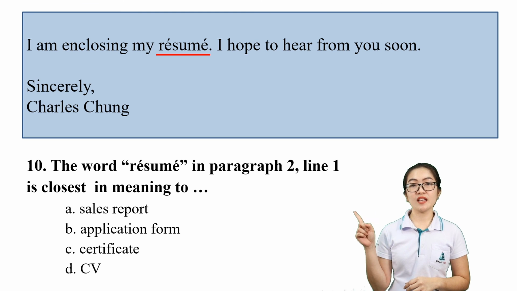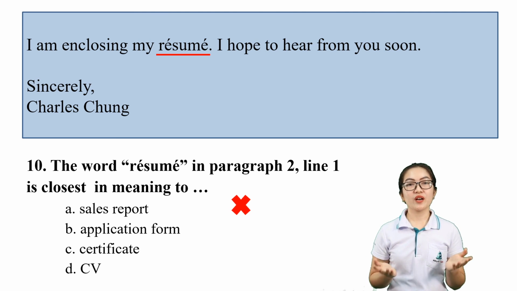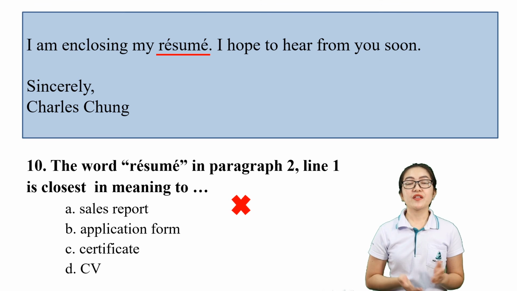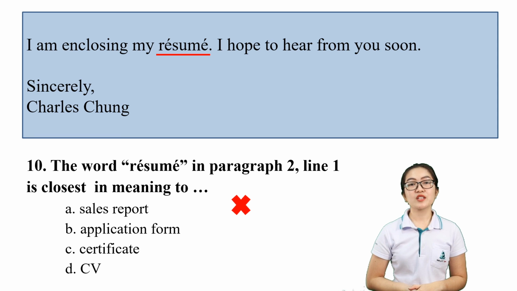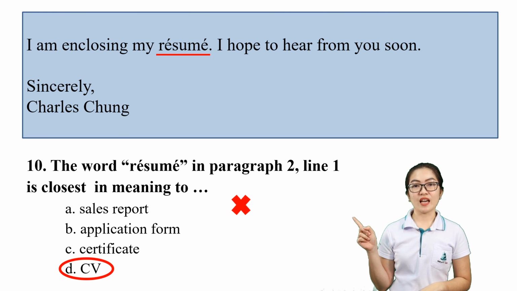So letter A is not an option. On the other hand, an application form may be used when applying for a job. However, this is usually given by the company on the day you apply. Lastly, a certificate is given as an official document attesting a certain fact. So the answer is letter D, a CV or what we call curriculum vitae.